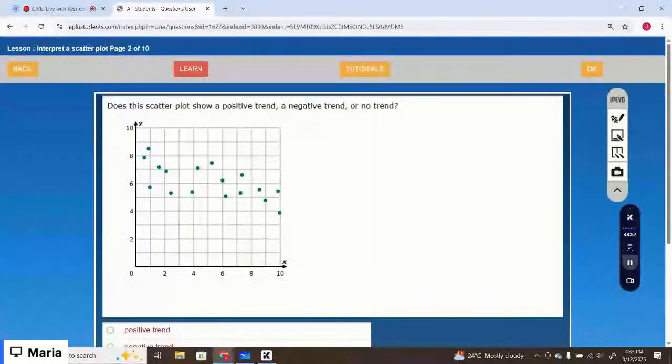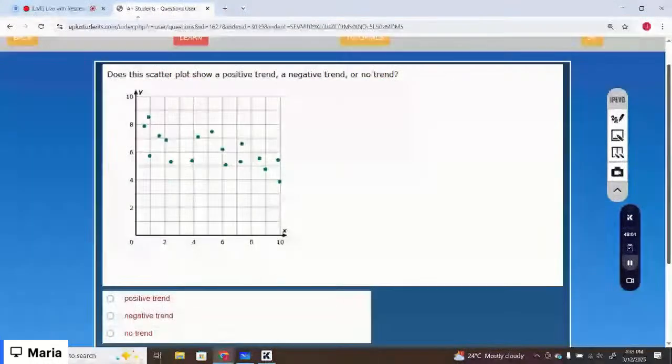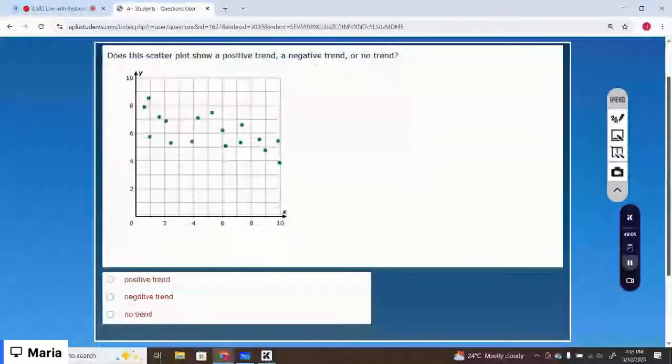Negative trend or no trend. Y values are increasing, but the x values are decreasing, isn't it?